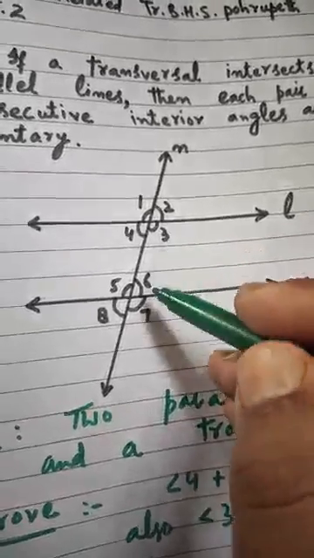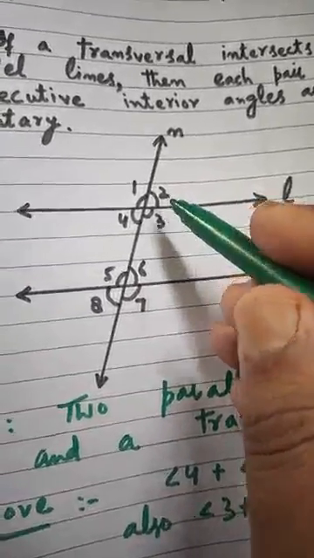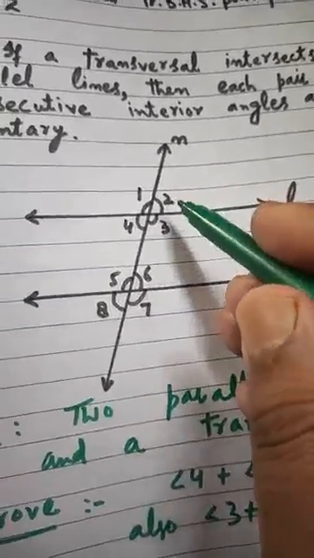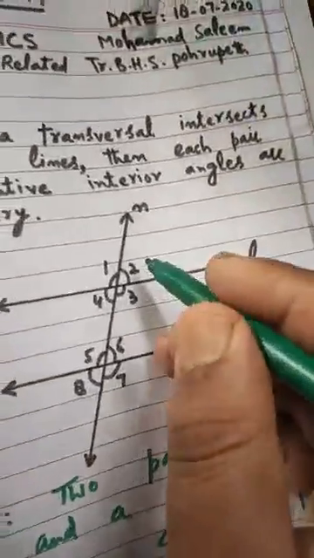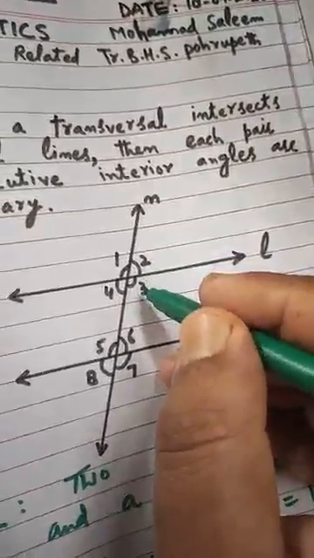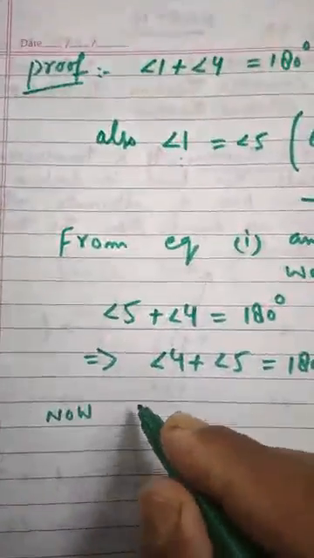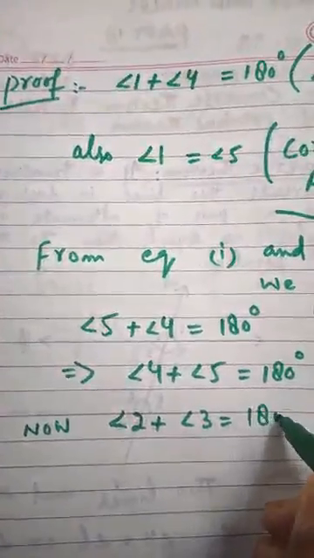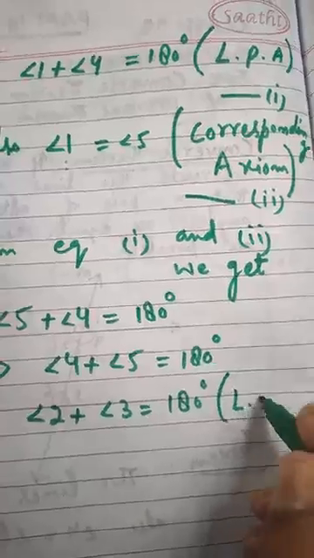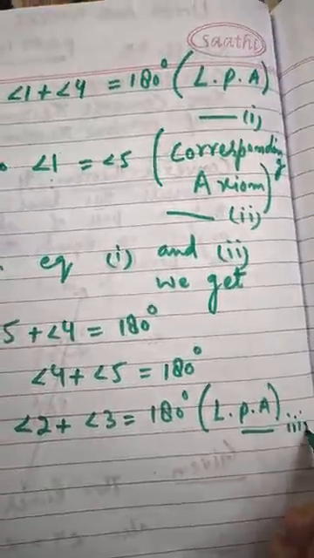Both these angles have a relation with angle 2. Angle 2 plus angle 3 is equal to 180 degrees because of the linear pair axiom. This is our third equation.